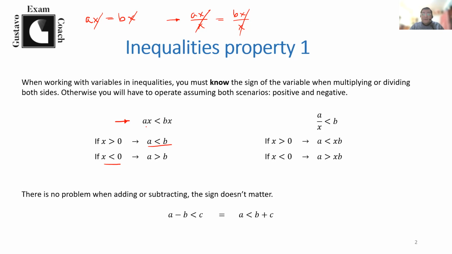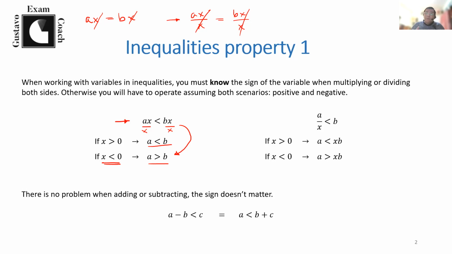So for example here, I know x is negative, I will divide both sides of this inequality by x, but in the end, I will get this. x will go away, will be canceled, but then I will be left with the inequality a is greater than b. Otherwise, we will get accuracy problems with our results for the inequality we are trying to solve.